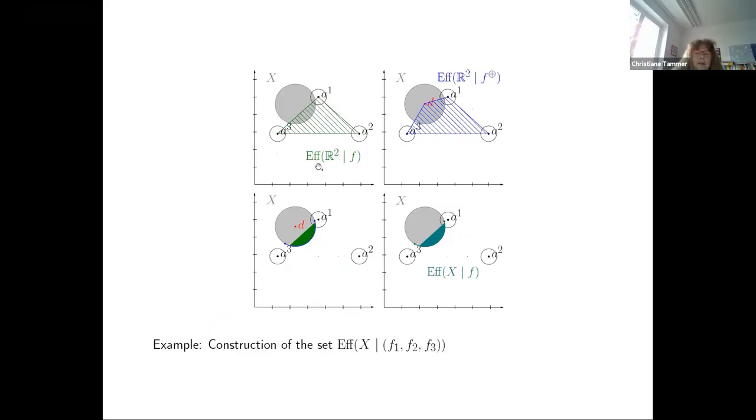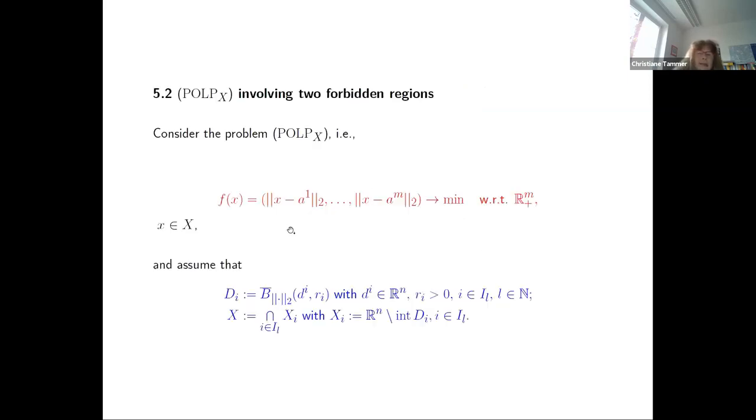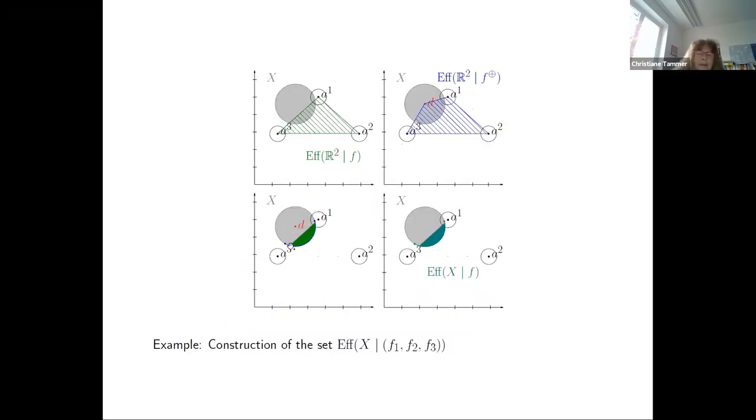We compute the set of Pareto-efficient solutions of two unconstrained problems, one with the original objective function and one with a penalized objective function. And then we have to compute the intersection of this green Z with X, and the intersection of this blue Z with the boundary of X, such that we get these elements here in blue color.